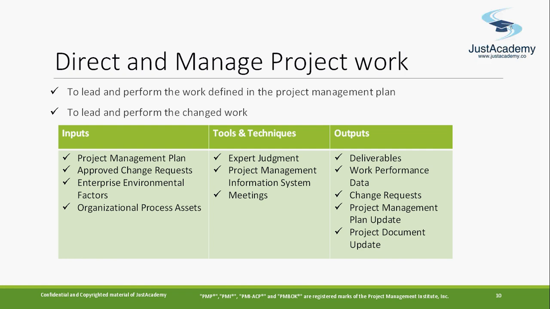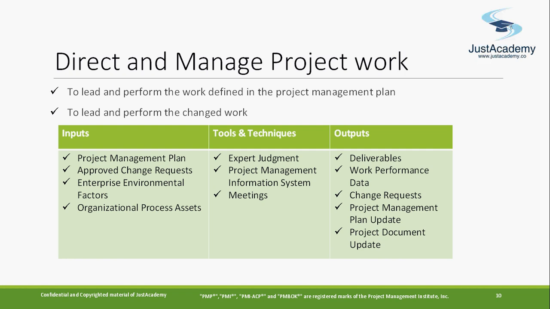Direct and manage project work is the next process, and this is part of execution. We talked about develop project charter, which is initiation. We talked about develop project management plan, which is planning. We are now going to discuss direct and manage project work, which is execution. When the project management plan is ready, you are going to work according to it during the execution phase, and this is the direct and manage project work process.